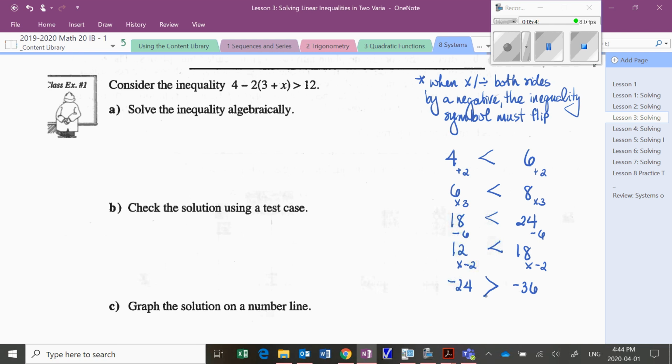Like, when we're in the positive side of our number line, the larger the number, the larger the value. Whereas when we're into the negative side of our number line, if I'm just looking at 36 and 24, negative 36 is now less than 24. The bigger the number when it's negative is actually a smaller value. And so that's why when you multiply by a negative, the rules change.